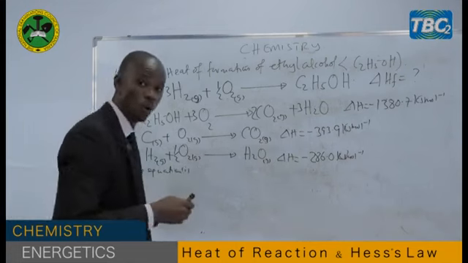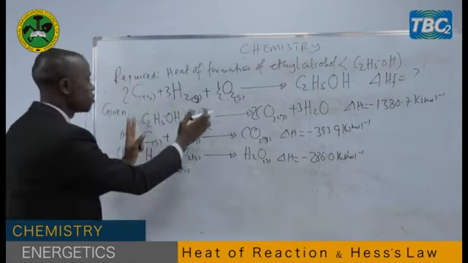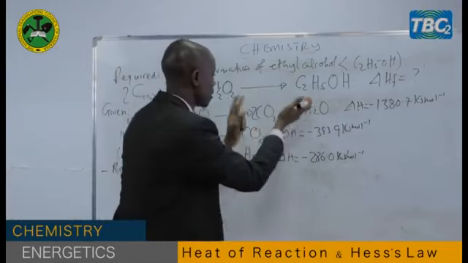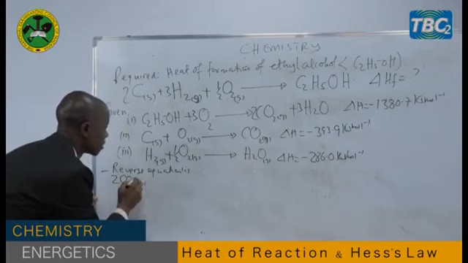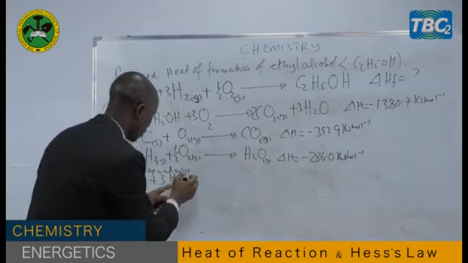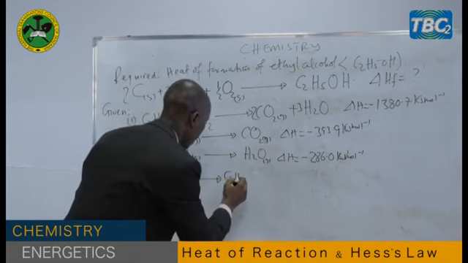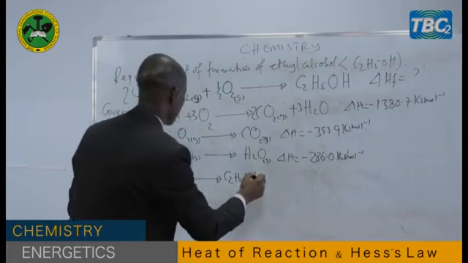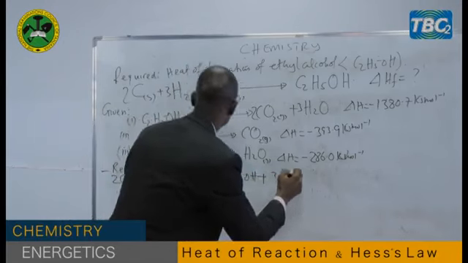When you reverse equation 1, the reactants become the product and the product becomes the reactants. You get 2 carbon dioxide gas reacting with 3 molecules of water to give ethyl alcohol and 3 moles of oxygen gas.